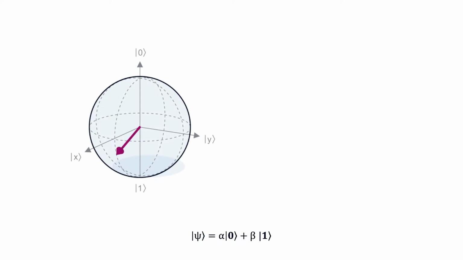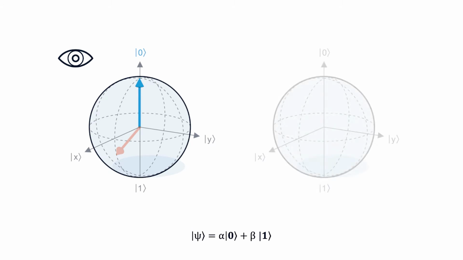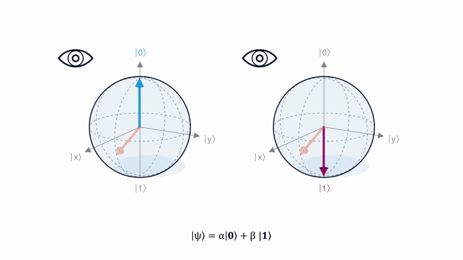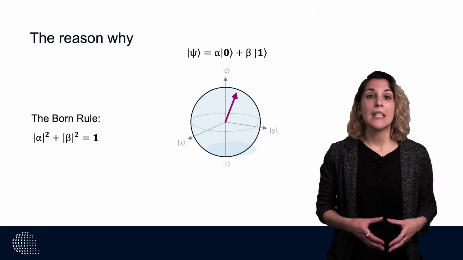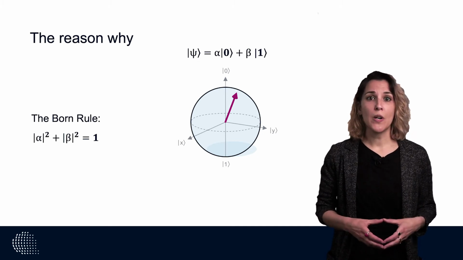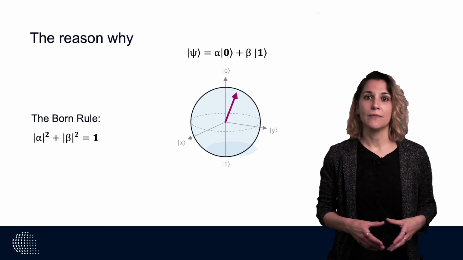When measuring a qubit in the set basis, the probability of getting a result 0 is given by the absolute value of alpha squared, and the probability of measuring a 1 is given by the absolute value of beta squared. The coefficients satisfy the Born rule. That is, the sum of the magnitude squares must add up to 1.